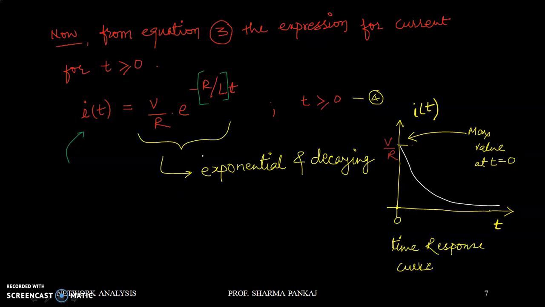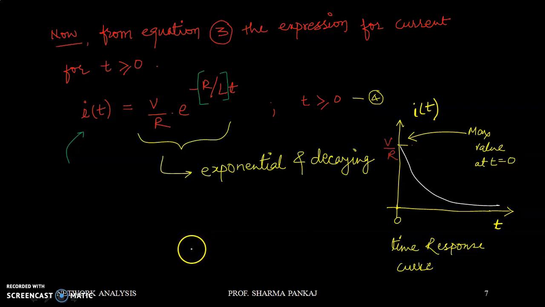This is going to tell you one vital piece of information: when the source is removed at t is equal to 0, the current does not become 0 at the same instant, but it decays exponentially.